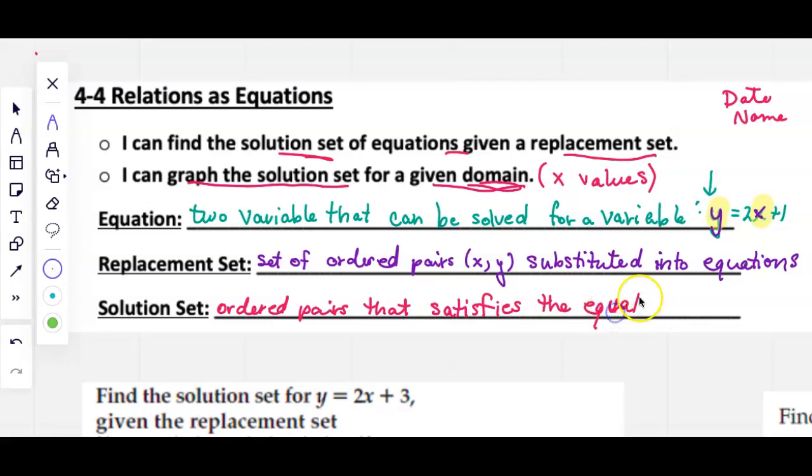Now that word satisfies just means it was true. It makes it work. And that gets us our vocab.